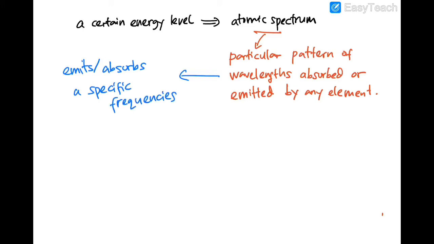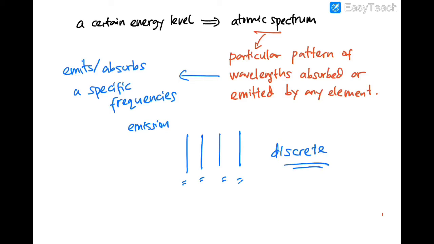Or, on the other hand, we can also say that the frequencies are well separated. For instance, this is the emission pattern. It will be like lines like that. They are discretely separated.